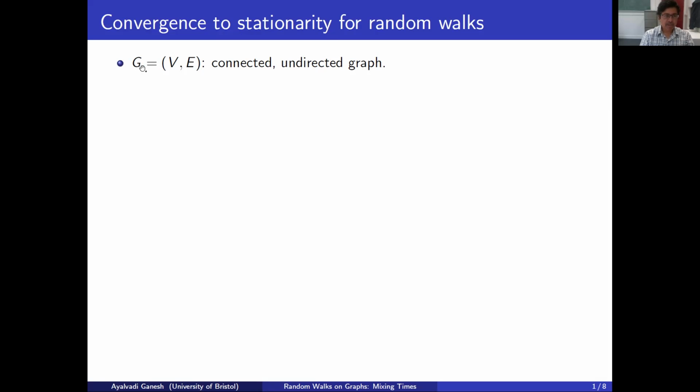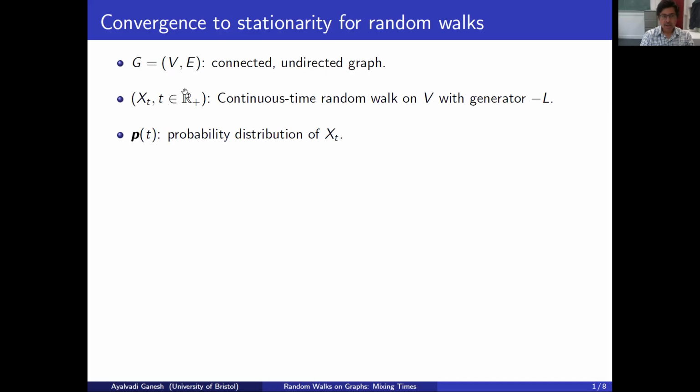Throughout today's lecture, G is going to denote an arbitrary connected undirected graph with finite vertex set V and edge set E. And X_t is going to denote a Markov process whose state space is the vertex set.